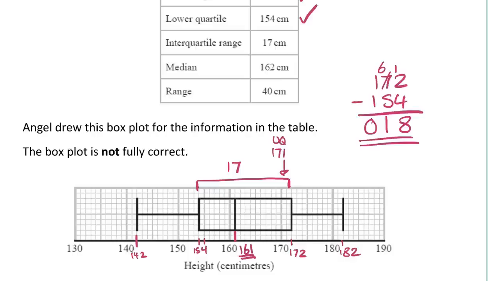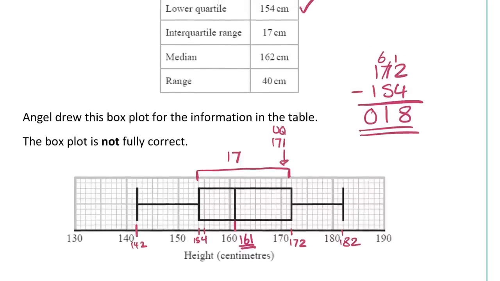So let's actually just write that in. So the median was plotted on 161. We don't need to say much more than that. It's asked us what the mistake was. There's the mistake. And the second one, let's have a look. We had 18 for the interquartile range.